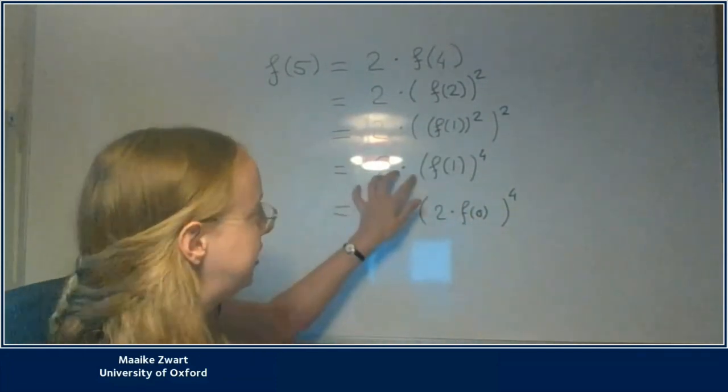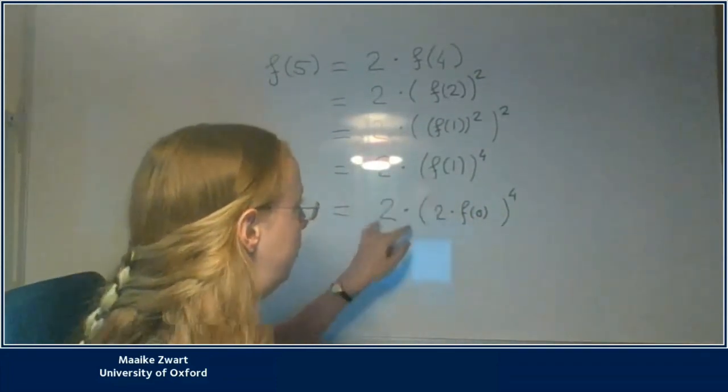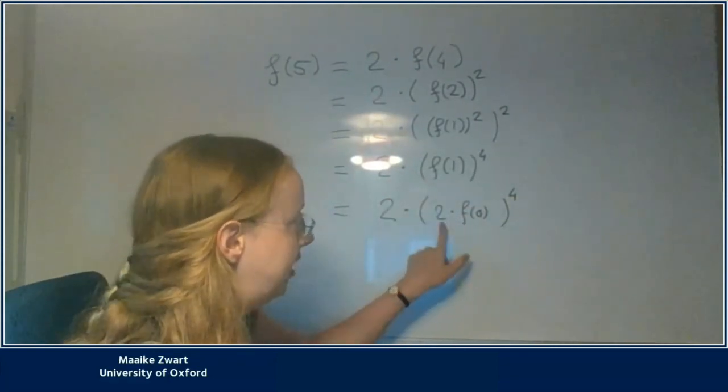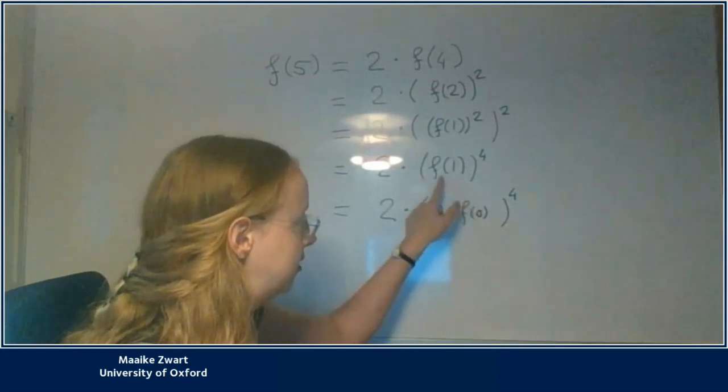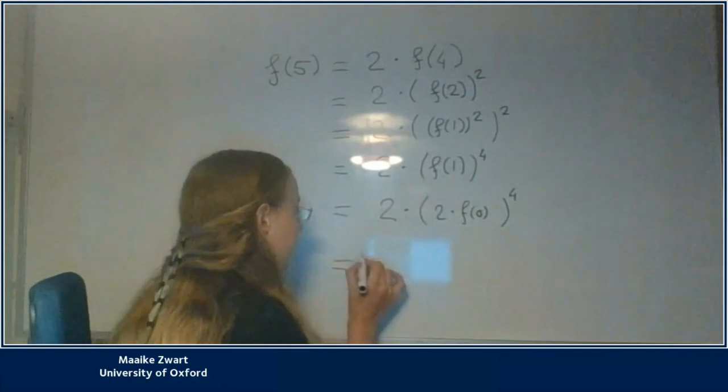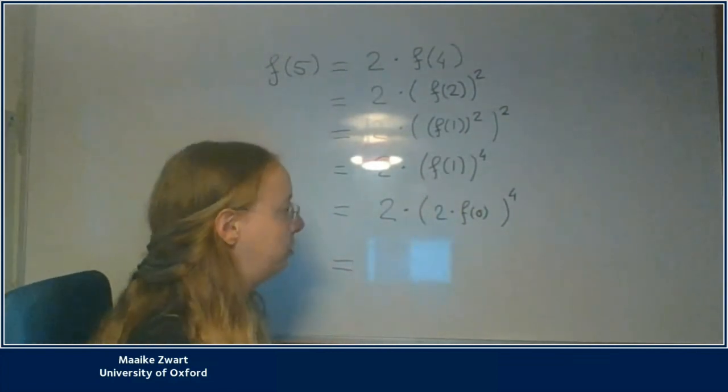And notice how I first set up the whole framing here. So I did the 2 times that I had and the brackets and the 4, and then I just insert that bit. I rewrite this f of 1 there. Lovely. And then I have a bit more to go.